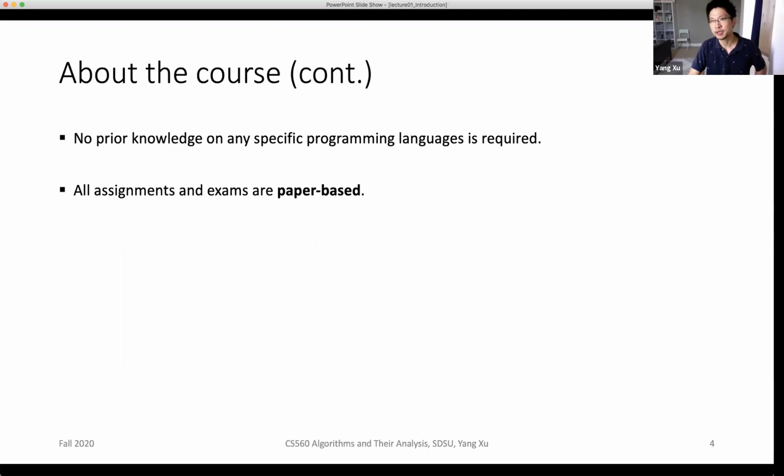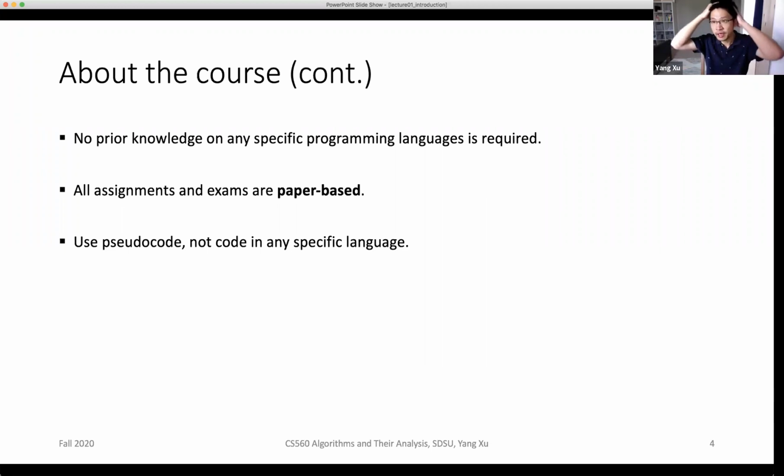So it's not programming based, but actually paper based. No code is required. You're not required to write any code in a specific language. Okay, but in terms of the pseudocode, we still define some general rules. It's not like any random type of pseudocode. We still need to follow some generic principles or conventions of writing pseudocode.